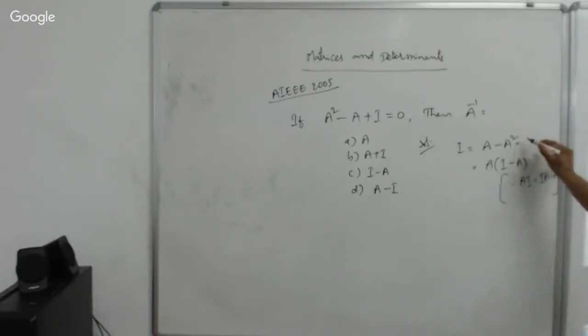Otherwise, write it like this. A can be written as A into I minus A square.